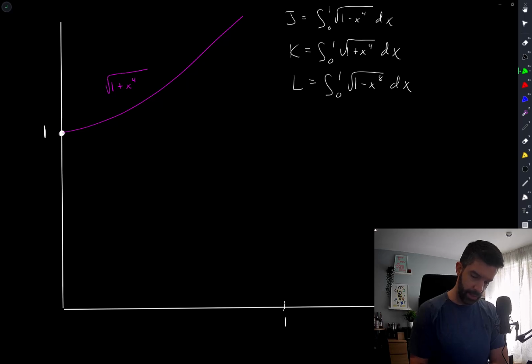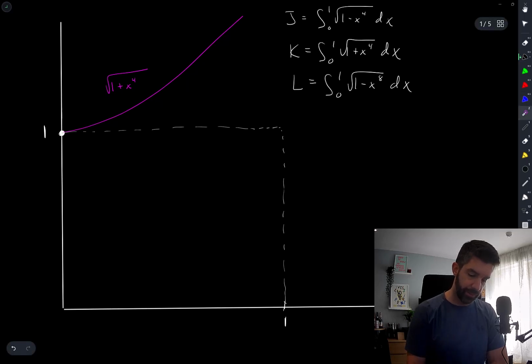The others are decreasing, and I may as well draw a line here at 1, because the area of that square is 1, and the number 1 is one of the things we have to compare to. Given this, we know that K is greater than 1, and it's going to be greater than each of the other two. We could probably eliminate a bunch of the options, but let's just work out the proper ordering.